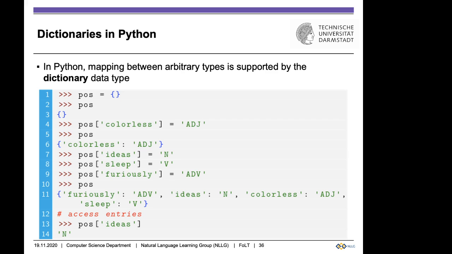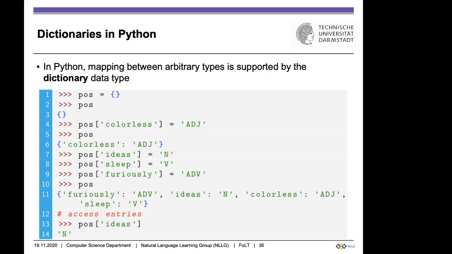We can repeat this operation many times for different entries in the dictionary, so we get the key ideas and its value, and also the key sleep, and the noun and the value verb, and so on and so forth.